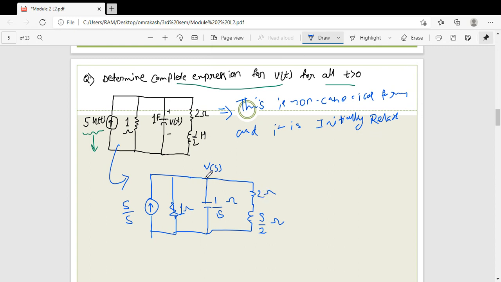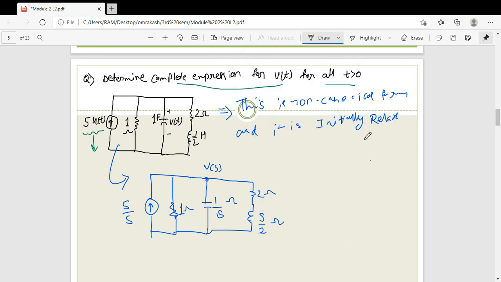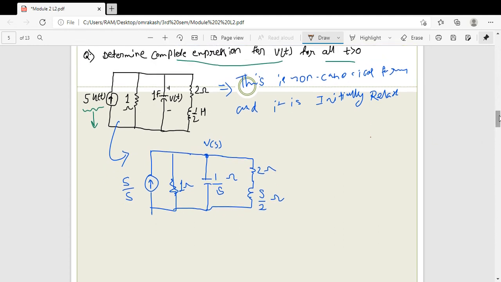Now here you need to apply KCL. So by this numerical, we are seeing the application of KCL in the Laplace transform circuit. When you apply the KCL here, what is the equation? Now see, I assume this is the higher potential.